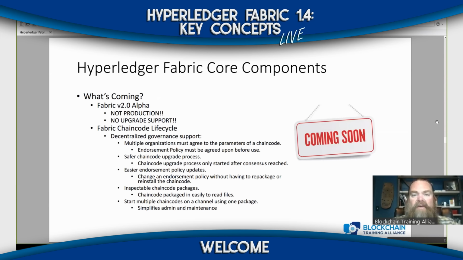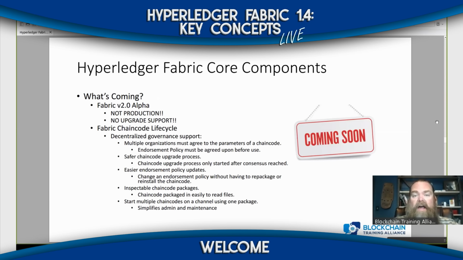So if my organization wrote the smart contract, I could go up there and I could upgrade it whenever I wanted. I could change the deployment parameters anytime I wanted. Fabric 2.0 makes those decentralized and gives us options to have voting and elections and buy-in for that.